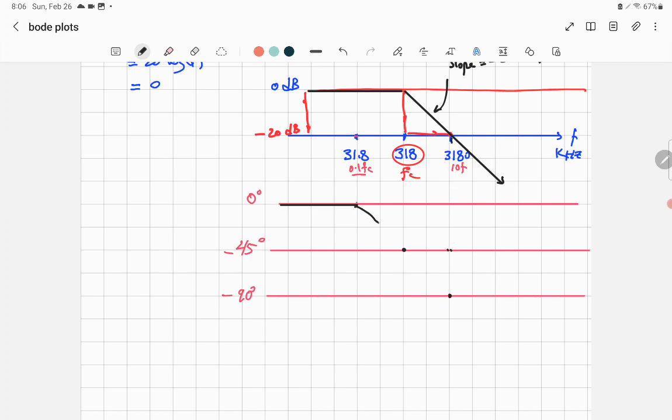So you have a straight line like that, and then it will be negative 90 beyond 10 fc. And that will be the phase against the frequency f. And we are done with the frequency response. And this circuit is called a lag circuit. It's important with the amplifier because you will always find a capacitor connected to the output or the input.